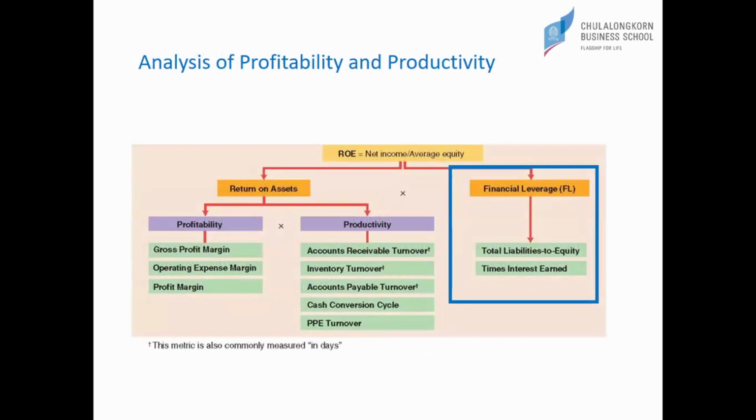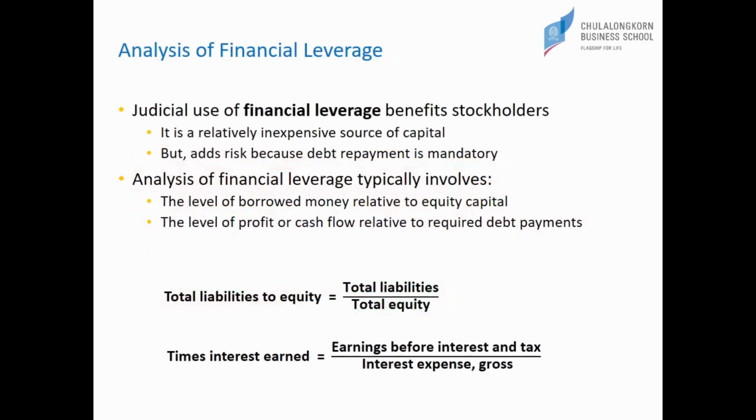And the analysis of financial leverage, last item, under this DuPont framework. So the judicious use of financial leverage benefits stockholders. It's a judicious use, but it basically means that you can benefit from this tax shield.